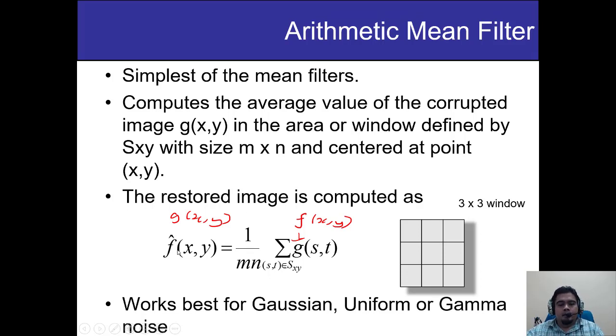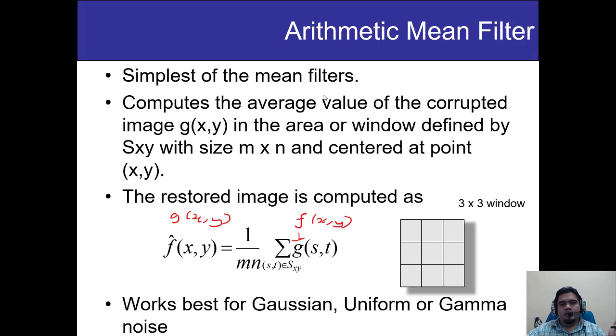Another thing I would like to highlight here, before we go deep into what we will discuss after this, since we have a lot of filters there: the arithmetic mean filter is also known as the average filter, the one that you learn in image enhancement.